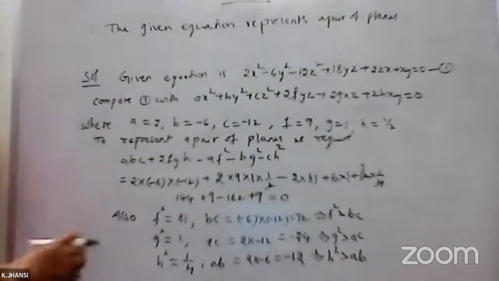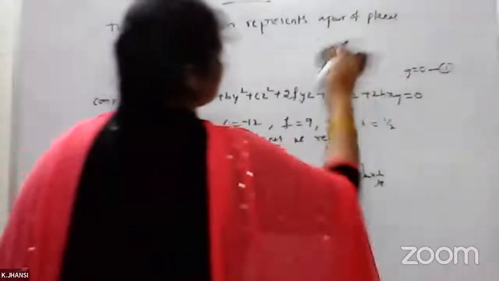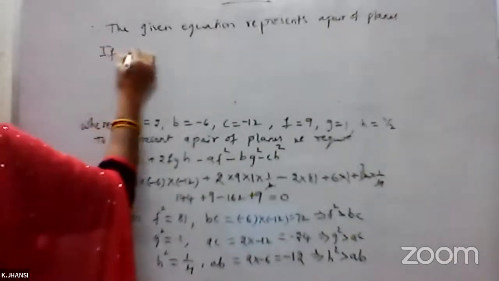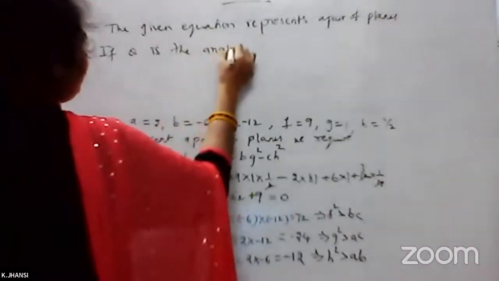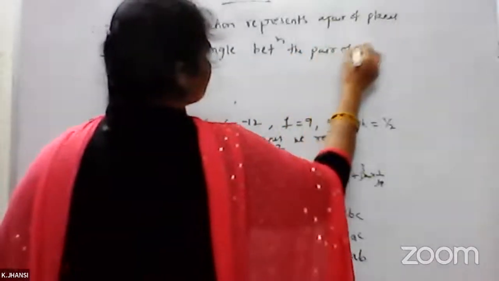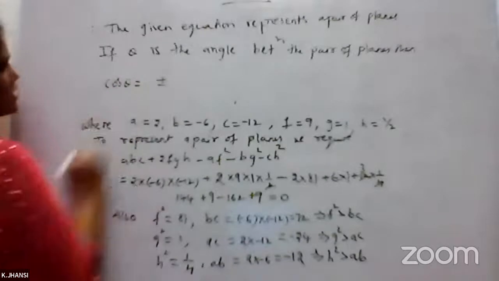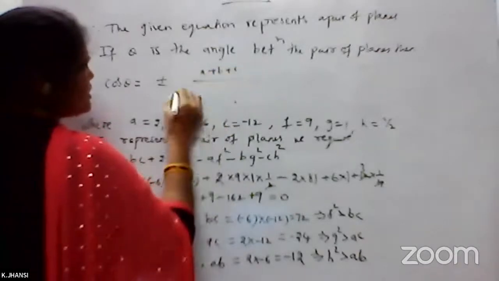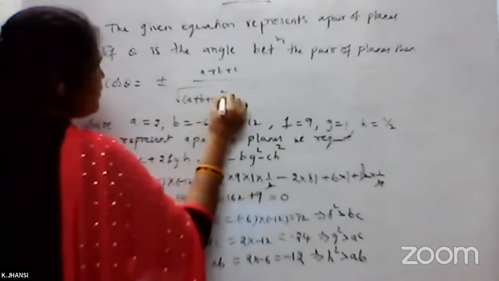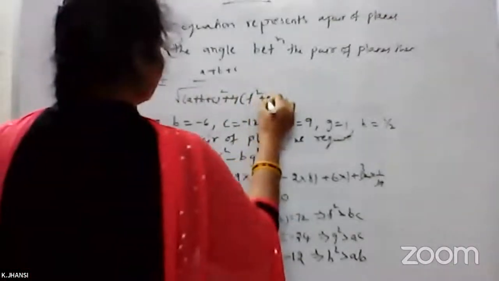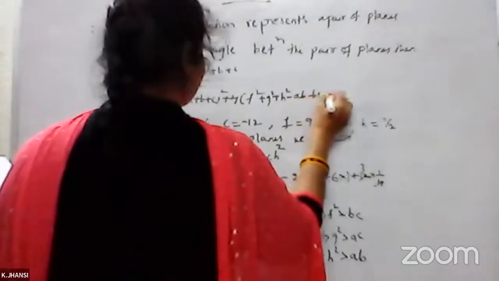Now the second part is we have to find the angle. If theta is the angle between the pair of planes, then cos theta equals plus or minus (a plus b plus c) by the square root of (a plus b plus c) whole square plus 4 into (f square plus g square plus h square minus ab minus bc minus ac).